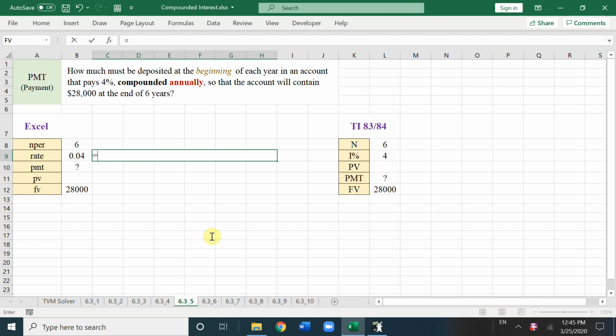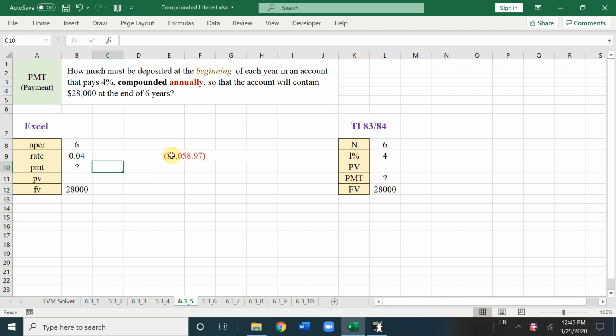So equals PMT, rate is 0.04, NPER is 6, PV is 0 because not given, so we put 0 because we have to put this FV, 28,000, and you have to choose 1 because it is the beginning of each year, enter.